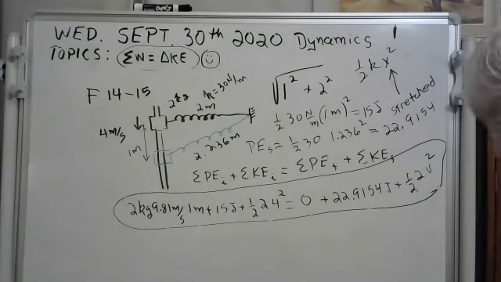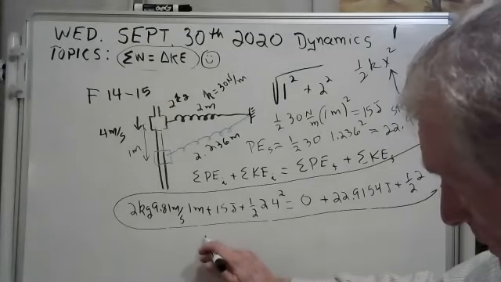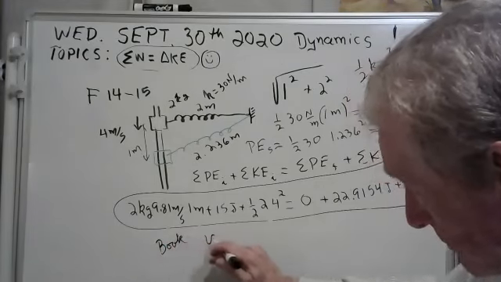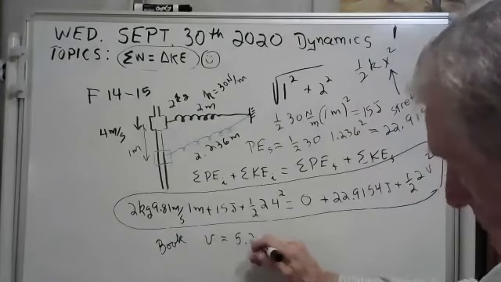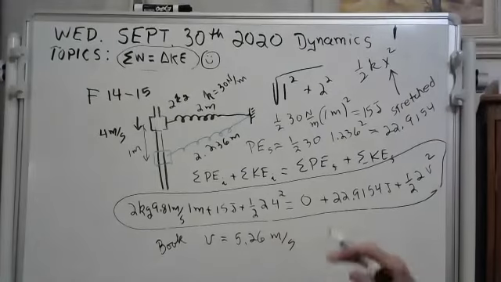This is F1415. They have these fundamental problems solved for you in the back. If we did it wrong, you can read it. Well, I bet we did it right. They're getting an answer in the back of the book of 5.26 meters a second. I wonder if that's what you get when you do this.